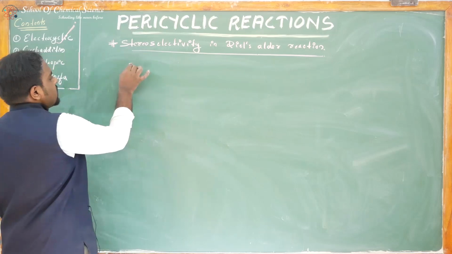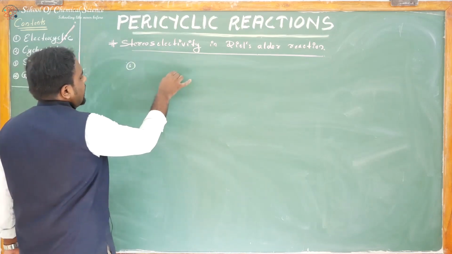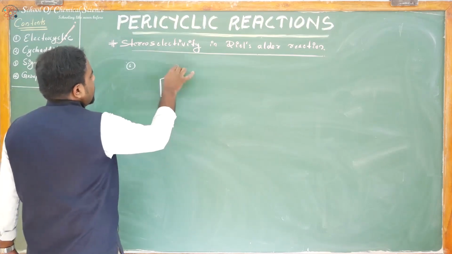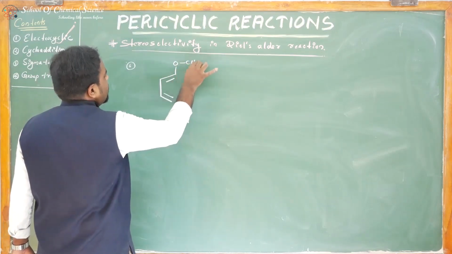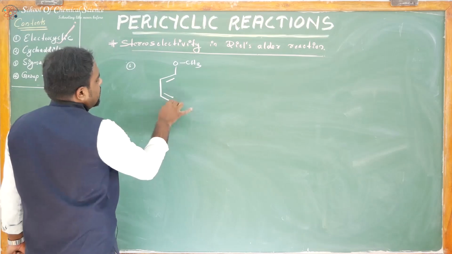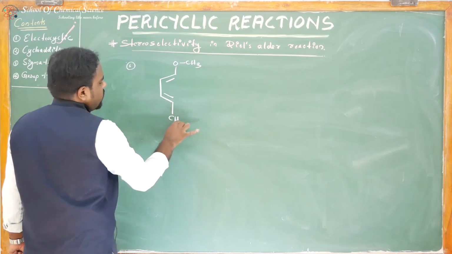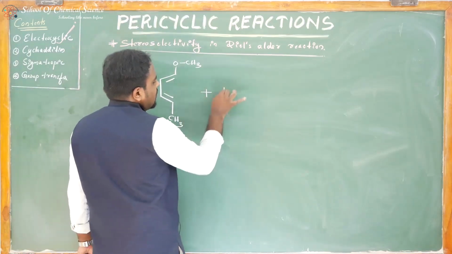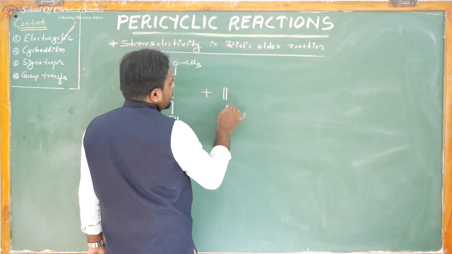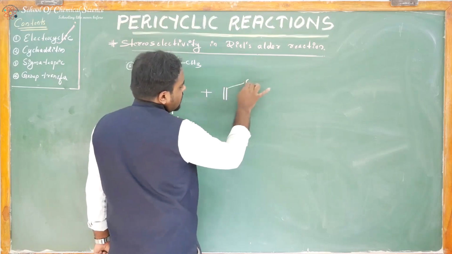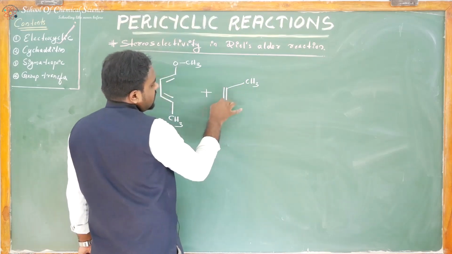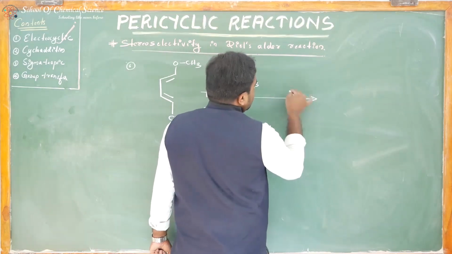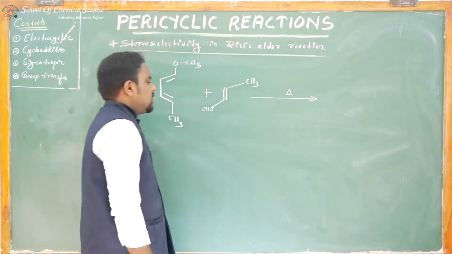Okay, question number 6. A diene, here an OCH3 group and here a CH3 group, plus a dienophile with CH3 and CHO, under thermal condition.